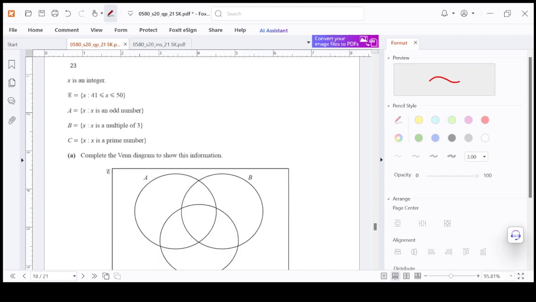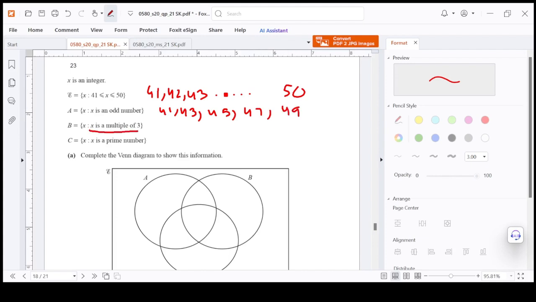Next is a question on sets. X is an integer and the universal set is between 41 to 50. So 41, 42, 43, all the way till 50. X is an odd number. So odd numbers within this region would be 41, 43, 45, 47, and 49.